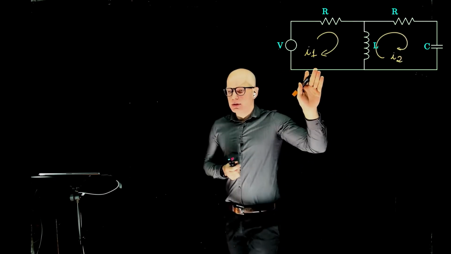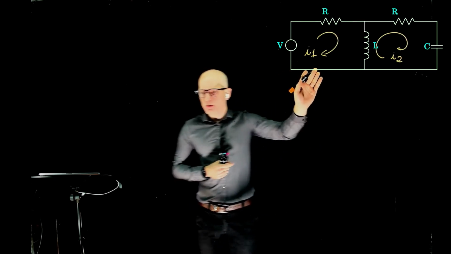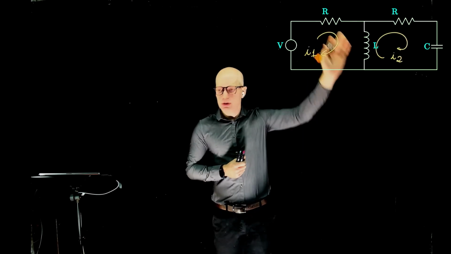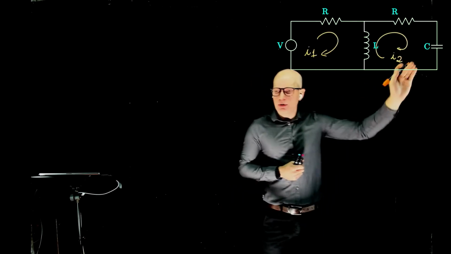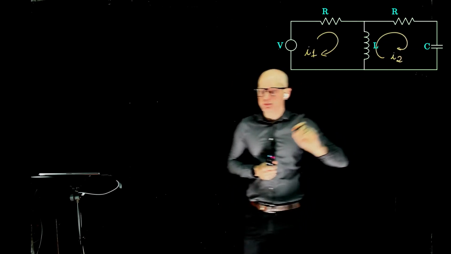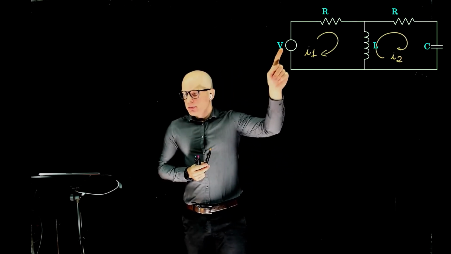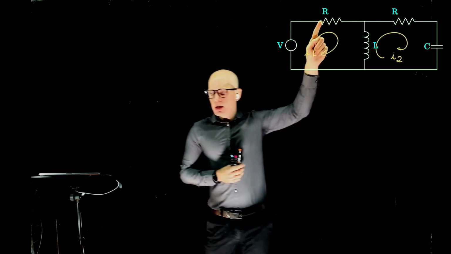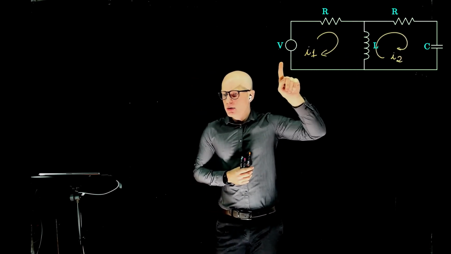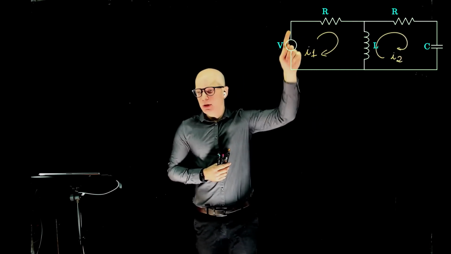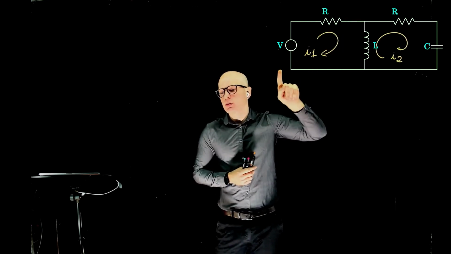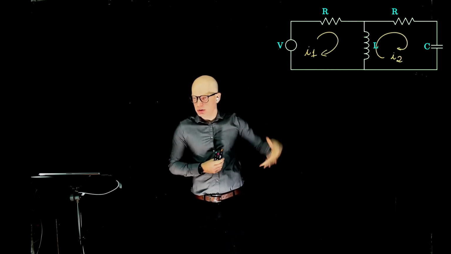And let's perhaps start with this loop. The sum of all voltages equals 0 in this loop. Because this is the input voltage V, we know that the sum of voltage across R and L will be equal to V. Remember that we did the plus, minus, and this one is negative. When we move it to the other side of the equation, it becomes positive.